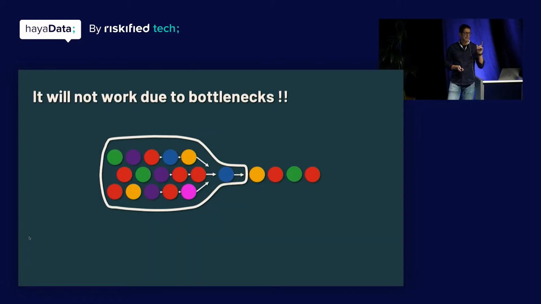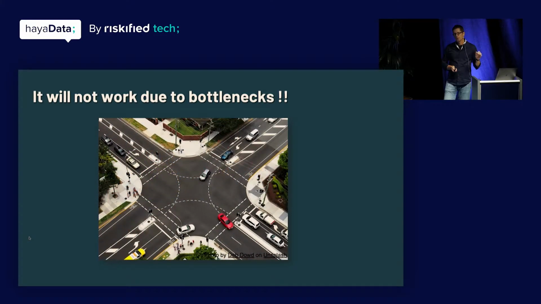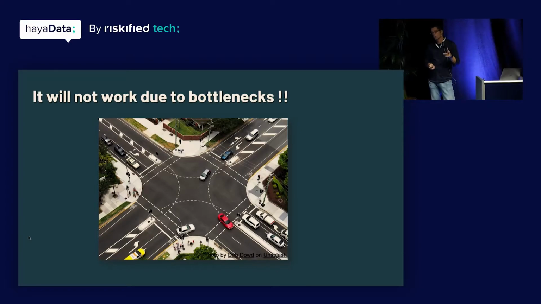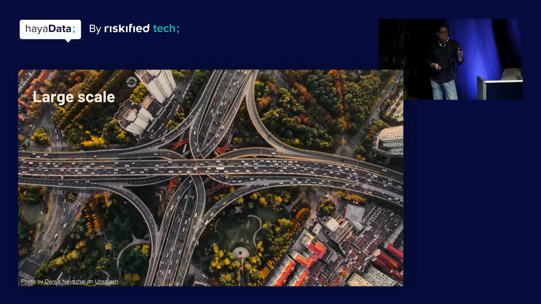And the reason is because of bottlenecks that will start creeping up on us. In the case of roads, the bottlenecks are intersections. As intersections grow and grow, this becomes more and more difficult. They become a bottleneck. So to design a large road that can handle a lot of traffic, we have to take a different tactic, a different approach to it.